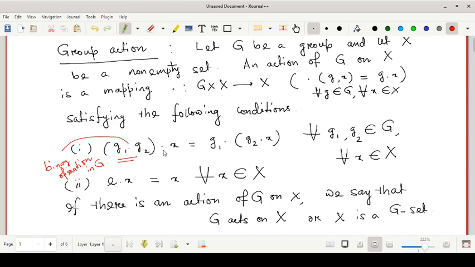But this other dot is not a binary operation. This is group action, defined from G cross X. You have taken two elements G1 and G2 from G, then G1 G2 is also an element of G. You are taking the action with an arbitrary element X, and the condition says that this must be equal to G1 acting on an element of X. What is that element? G2 dot X. If you are confused, you need not put the dot here.